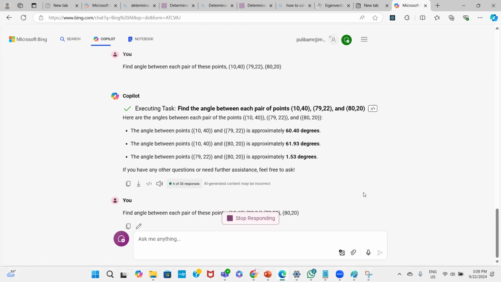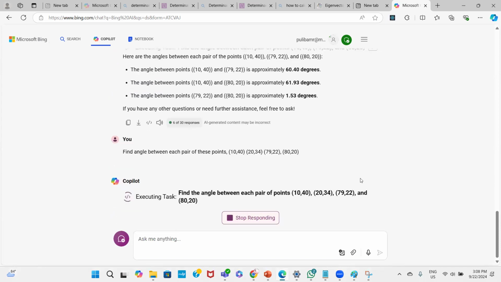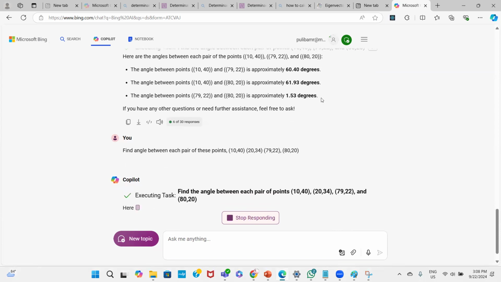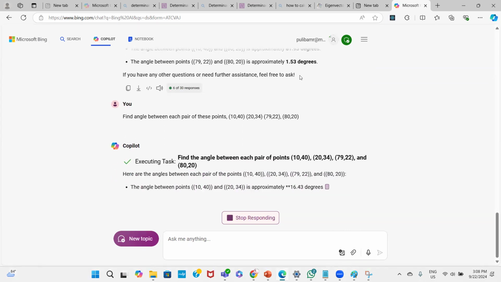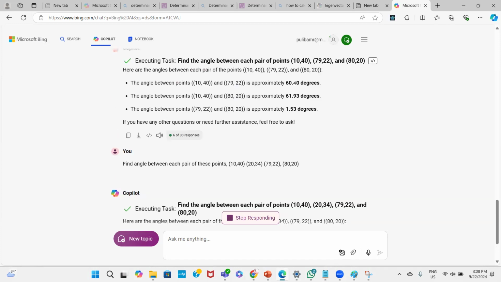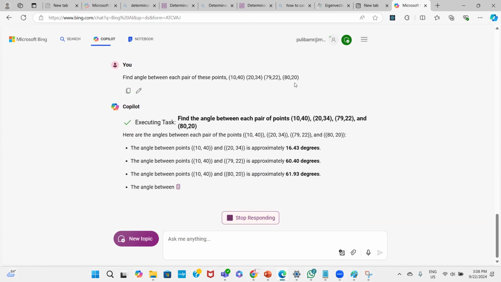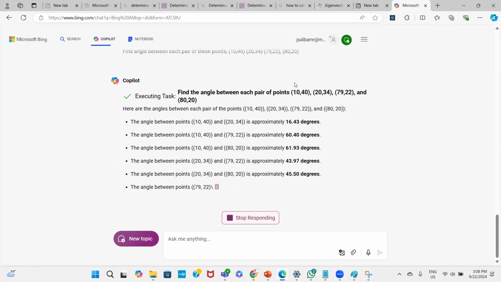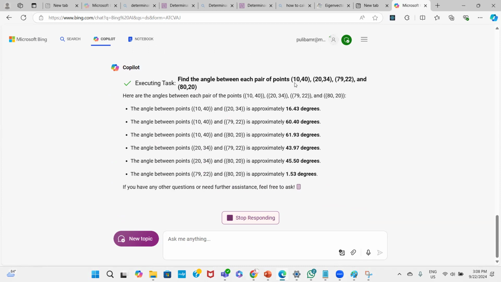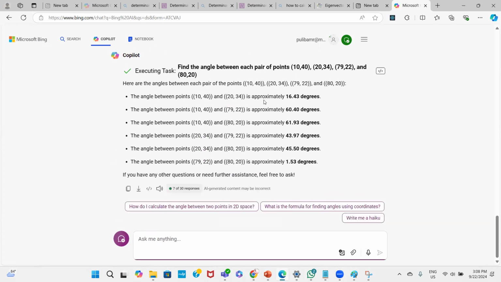Now let's look at the angle between the similar points. By looking at this example, 79, 22 and 80, 20 are close to each other and that angle is less, so they can be clustered together, or you can say they are similar points. Now 10, 40 to these two has 16.43 degrees.